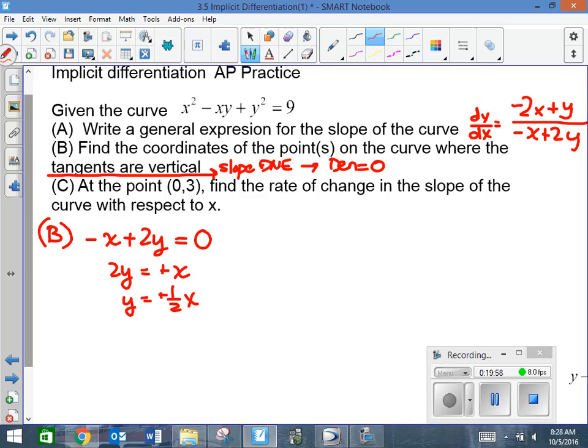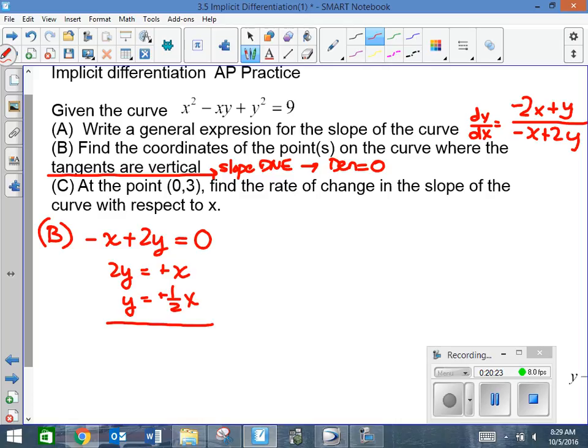Now, that's not a vertical line, but remember what this means is where y equals negative 1/2 x are the coordinates where the slopes of the tangent lines would not exist.